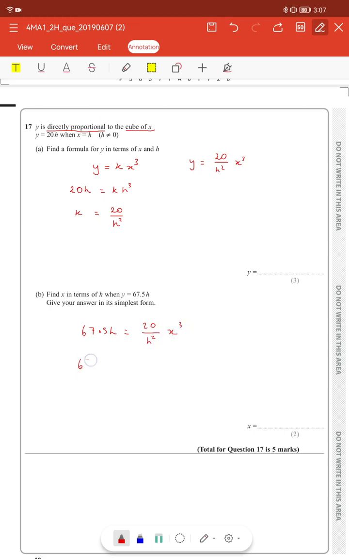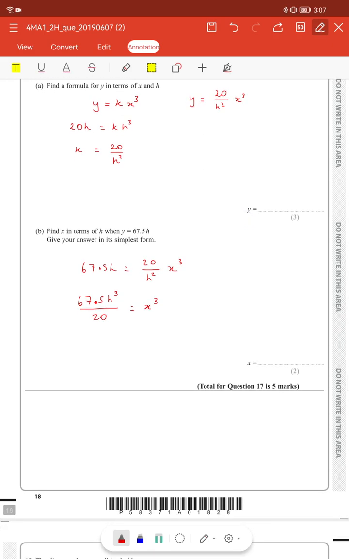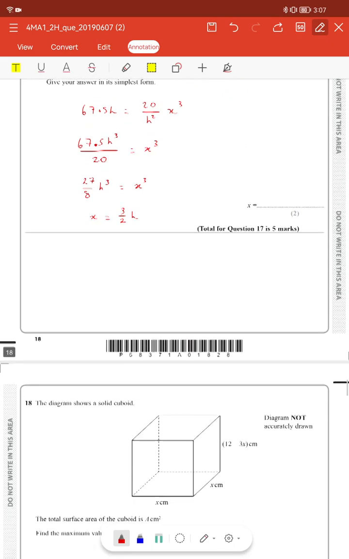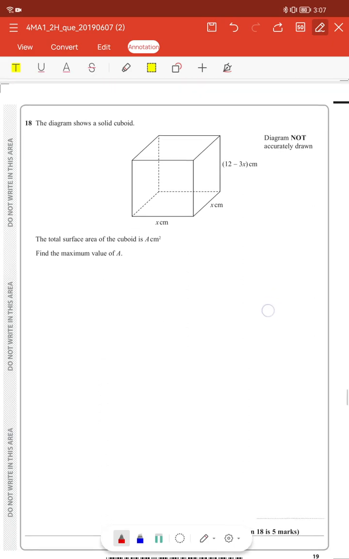So I get 67.5 h cubed over 20 is equal to x cubed. 67.5 divided by 20 is 27 over 8 h cubed, which is equal to x cubed. Now if I cube root all of that, I get x is equal to 3 over 2 h, or 1.5h.